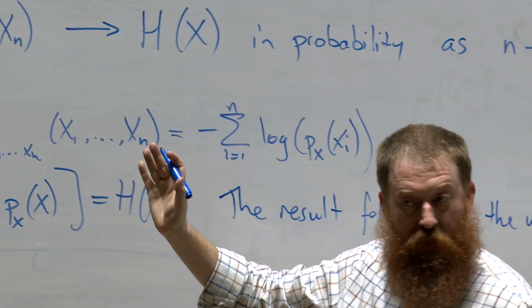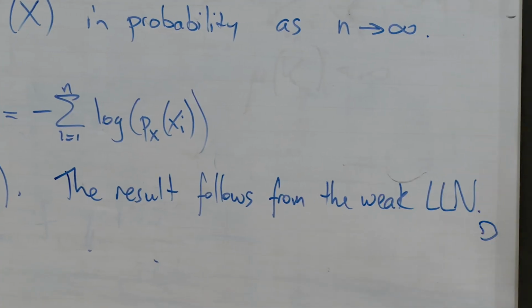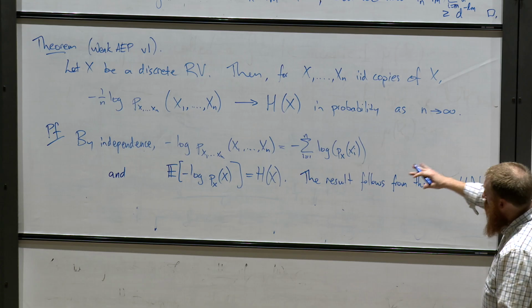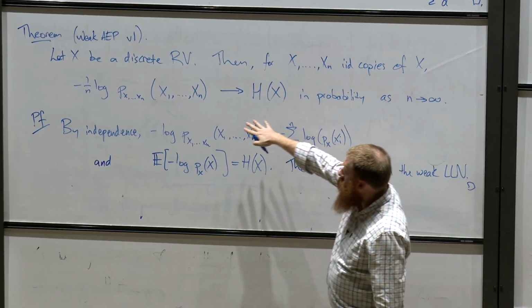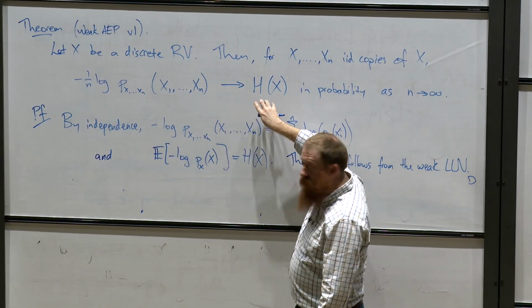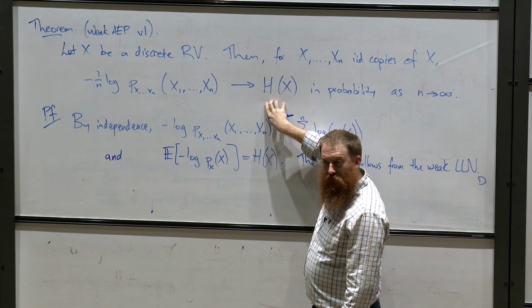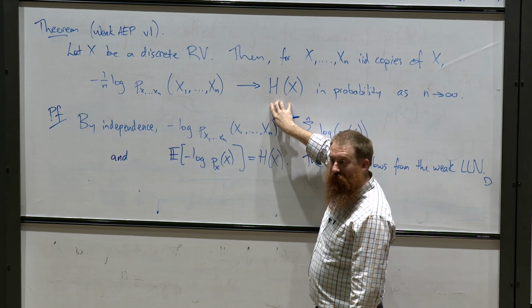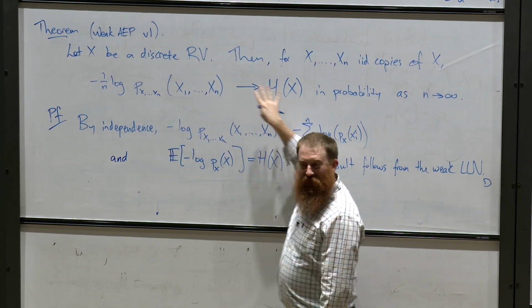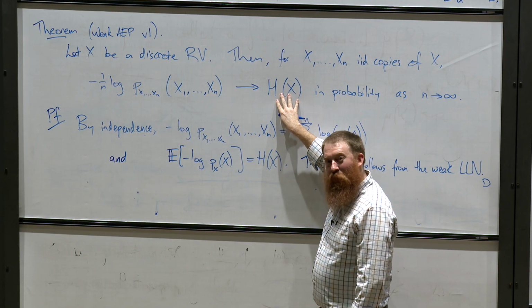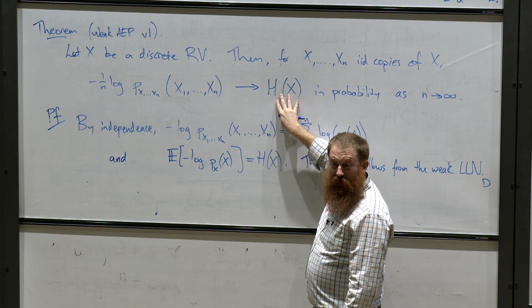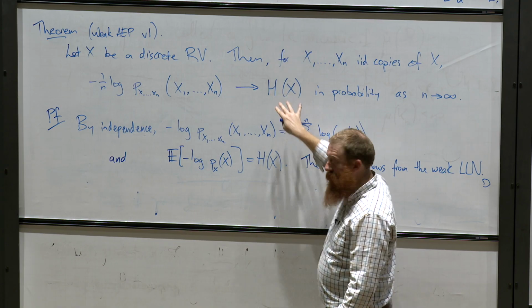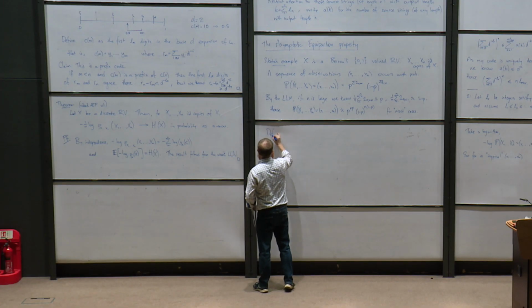Strong law of large numbers is not so exciting for us today. Okay, so that tells us that with high probability, this quantity is going to be close to this number. So we're going to use that to define what I mean by a typical set. A typical set is when this quantity is close to this number, where what do I mean by close? Well, I'm going to have an epsilon, and I know that's going to happen with high probability, which means probability 1 minus epsilon.